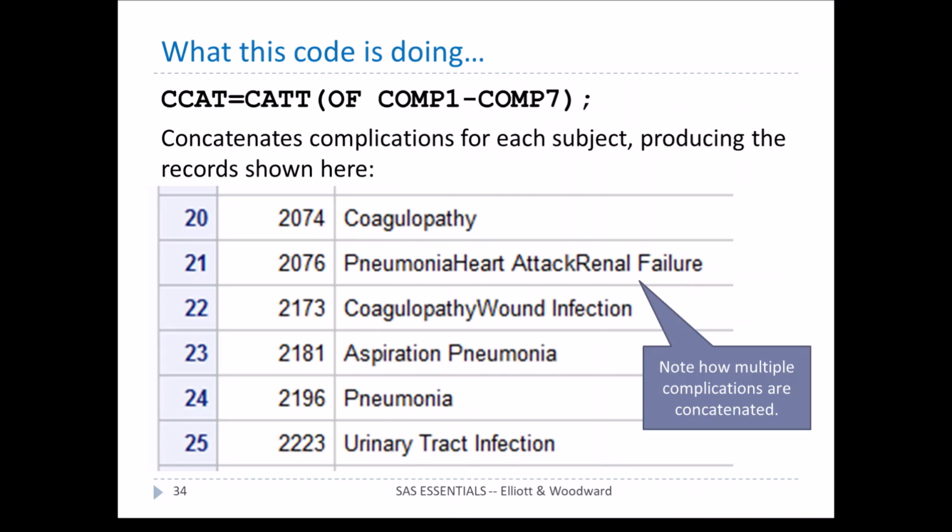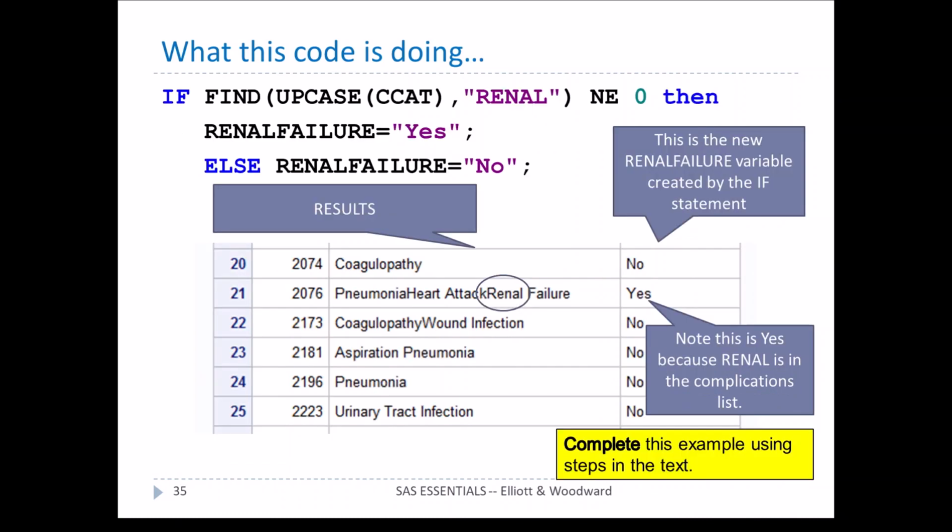That's where we're going to use the FIND function to search through all of this information and determine whether or not the word RENAL is anywhere in that list. So when we do the FIND of UPCASE ccat RENAL not equal to 0, then renal failure equal yes, else no, it's going to look through this data.